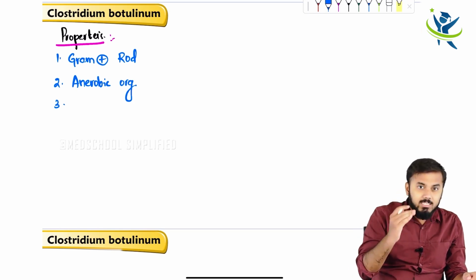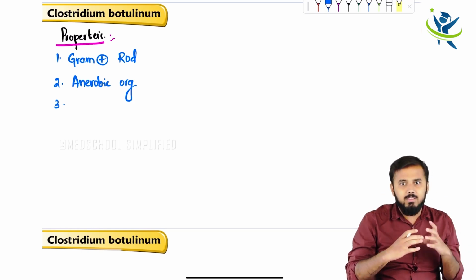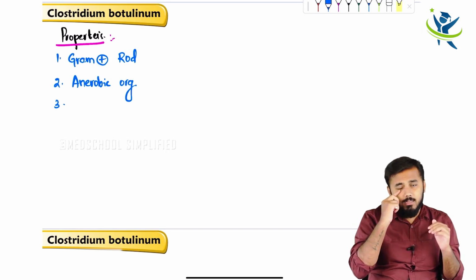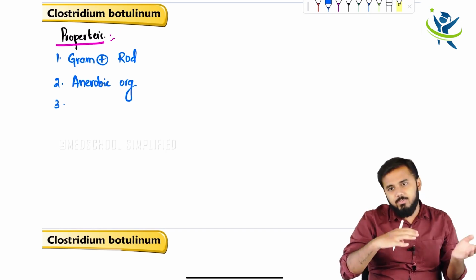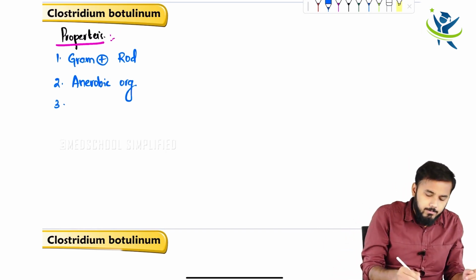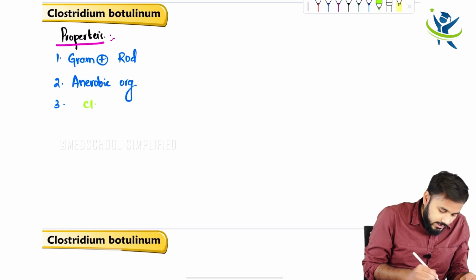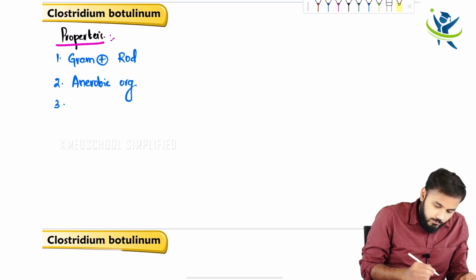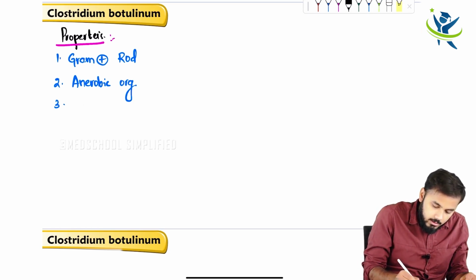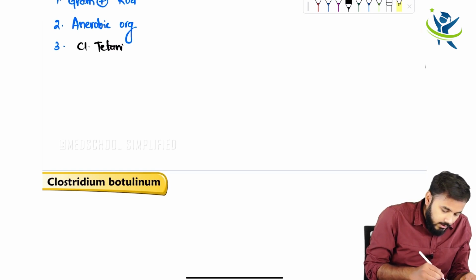So let me list down all the Clostridial shapes right here in this topic, so that when I go to the next Clostridial species you'll be better aware of all this. Let us look at the shapes. We have Clostridium tetani, and we also have Clostridium perfringens.